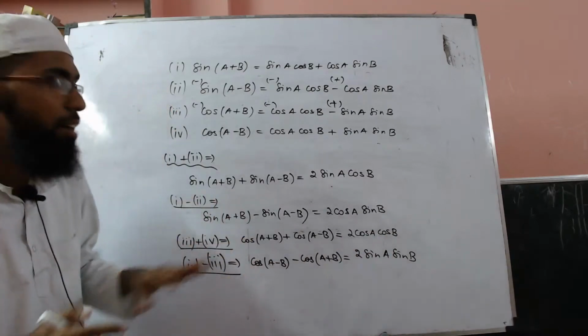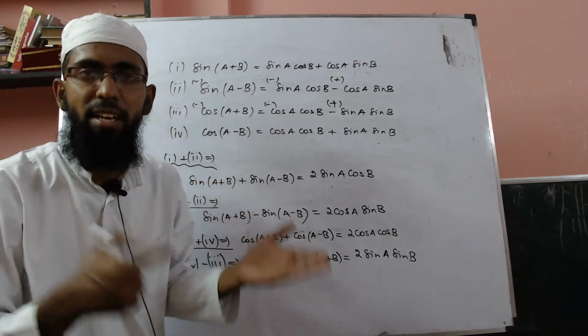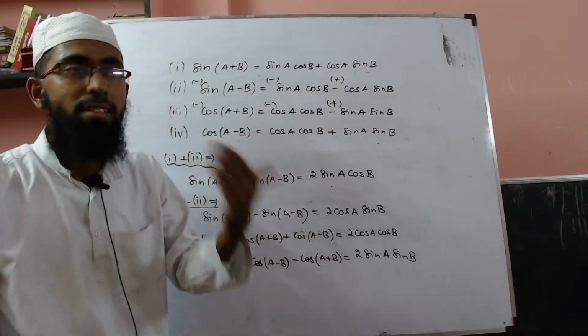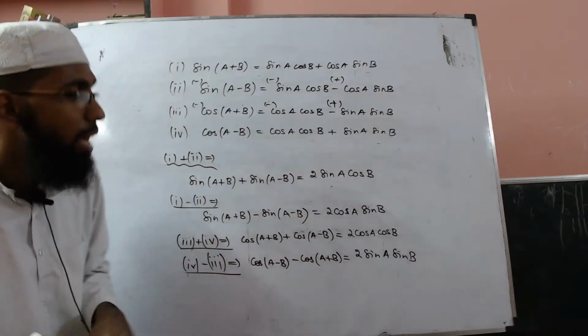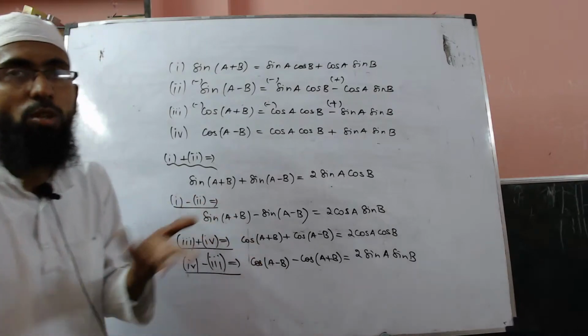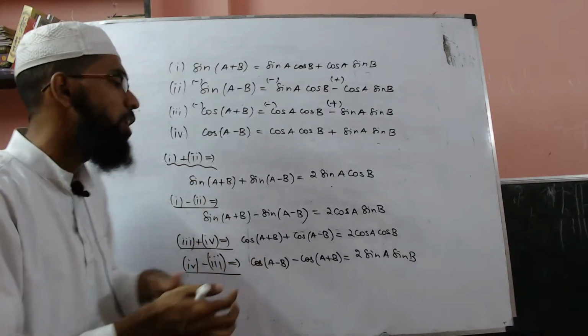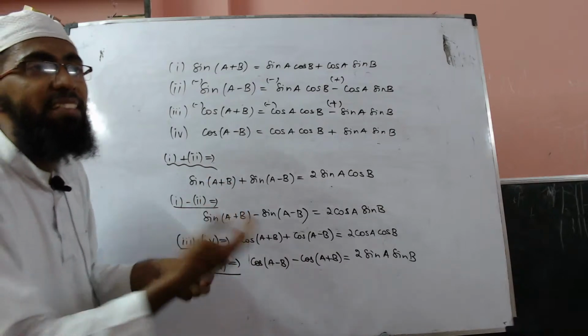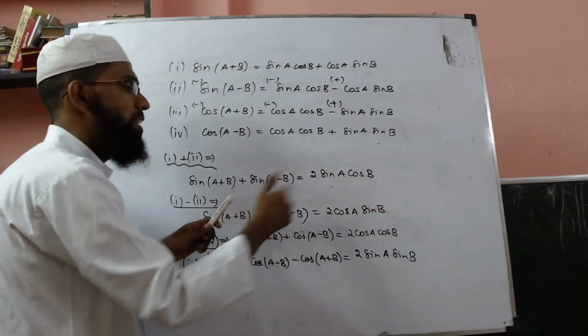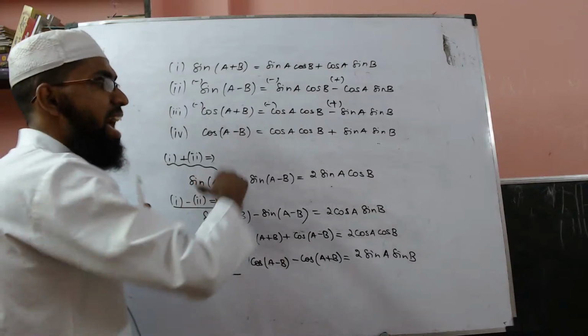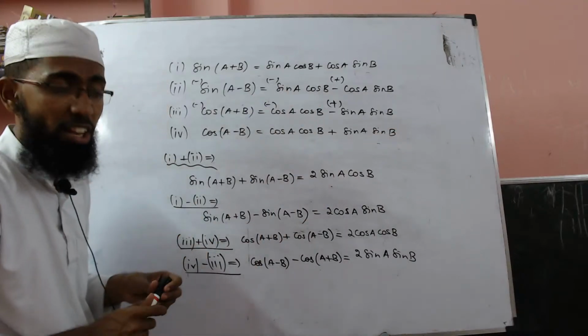So whenever sin and cos are given in product, like sin 45 into cos 35, sin 30 into cos 60, if they are asking you to convert that product into sum or difference, we will use this formula in the reverse way. In the place of this, the rest we will write this as our LHS and that as our RHS, right?